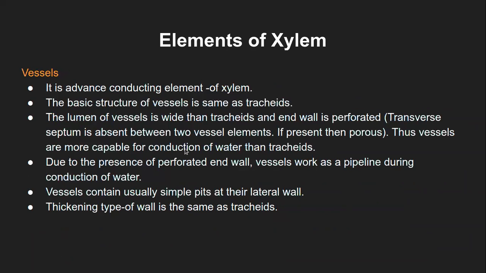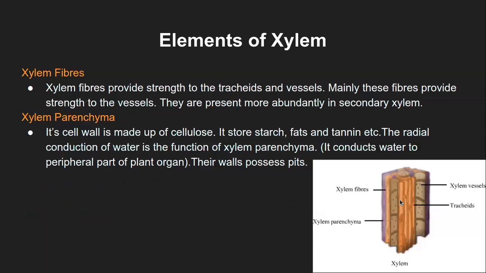Then the vessels, which were another conducting element of the xylem, are similar to tracheids. The difference was in the thickness and the diameter of these two tissues. So this one is the xylem tracheids, this one was the xylem vessels.